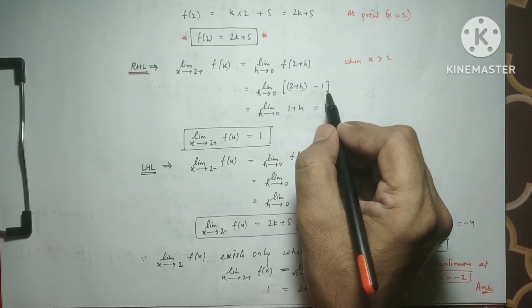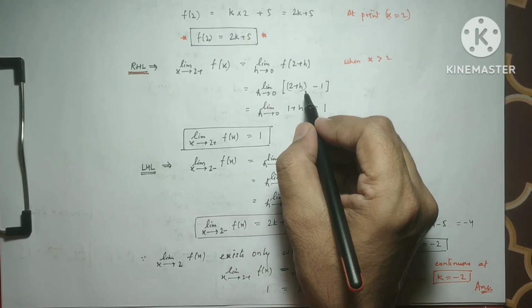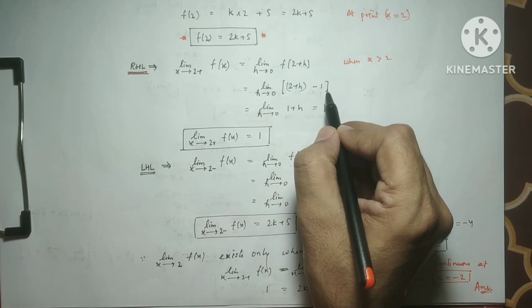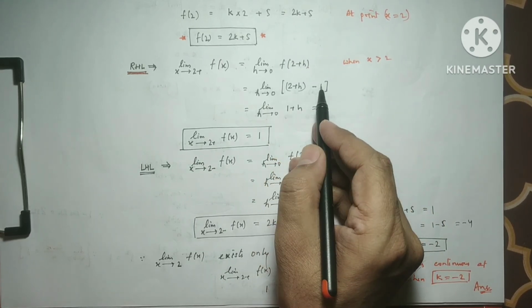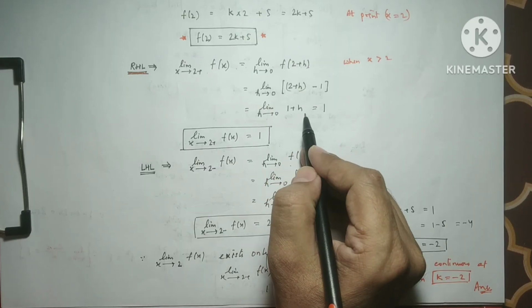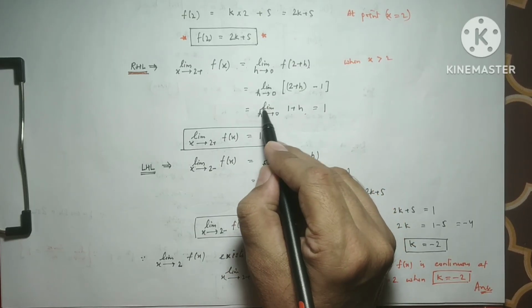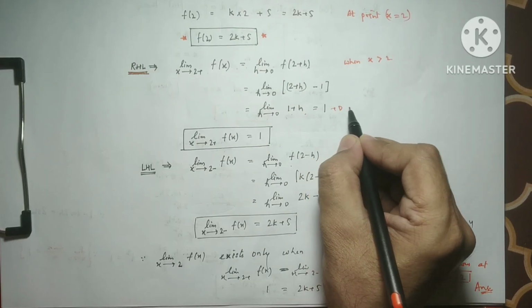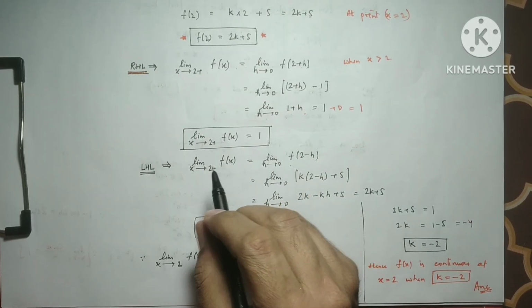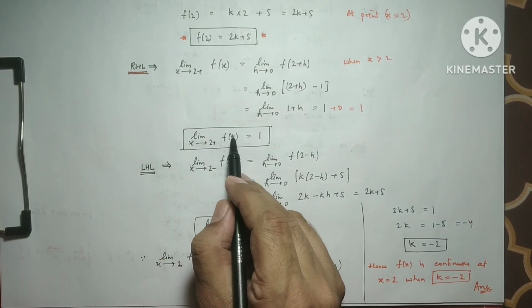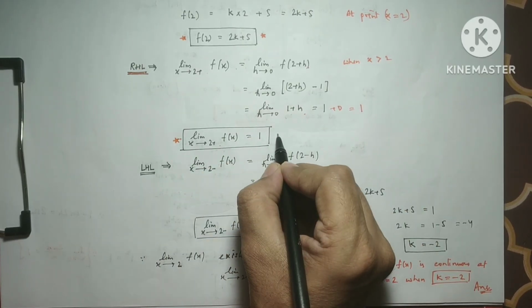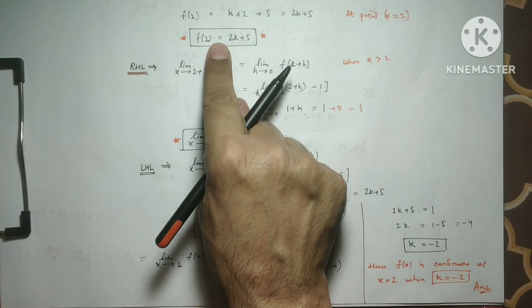We use x minus 1, so x is 2 plus h, giving 2 plus h minus 1. 2 minus 1 is 1, so 1 plus h. When we apply the limit h is 0, we get 1 plus 0, which is 1. So the right hand limit of this function is 1. This is our second value, the right hand limit, and the earlier one is the point value.